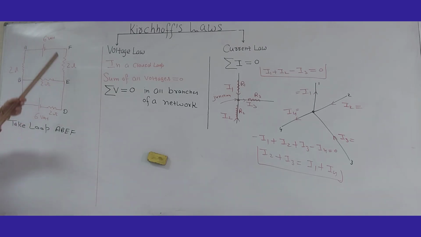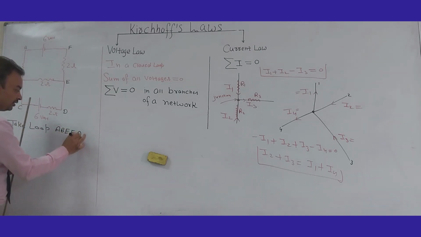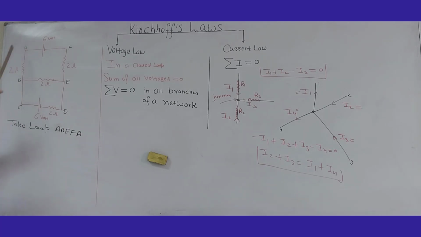A, B, E, F, and again A. We start from A and we end up at A. So this is a closed loop.